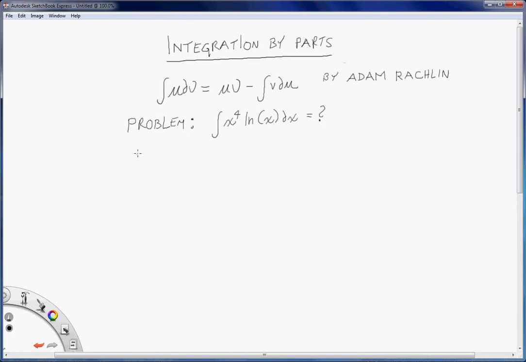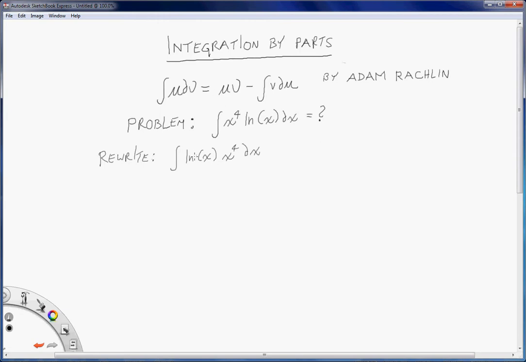So let's get started. The first thing you're going to do is rewrite this problem in this form: the indefinite integral of the natural log of x times x to the fourth dx. You need to determine which one of these functions, the transcendental function or the polynomial function, is going to be u or v.